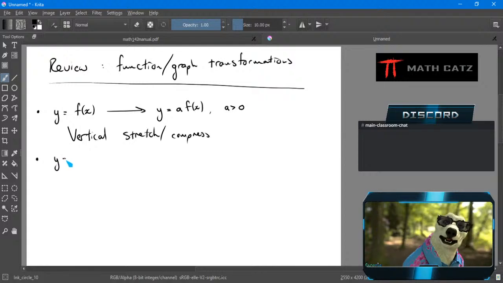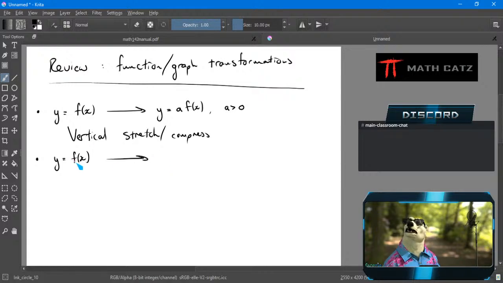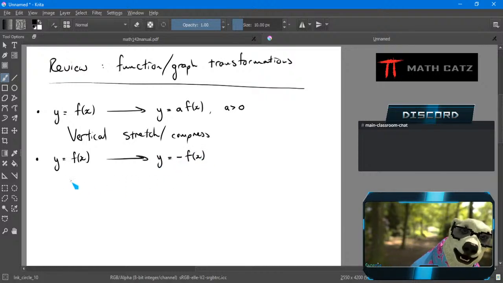Next, and these can be shuffled around. If I have some function, it could be y equals x squared, but it's not limited to that, and I multiply the whole right-hand side by -1. Again, that's a vertical effect on the graph.